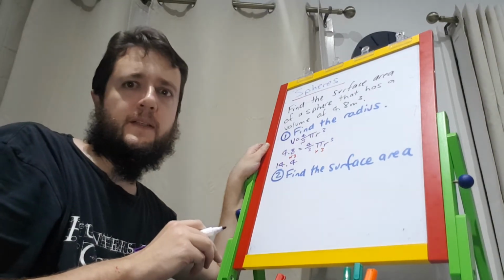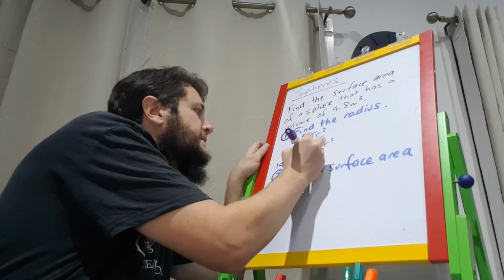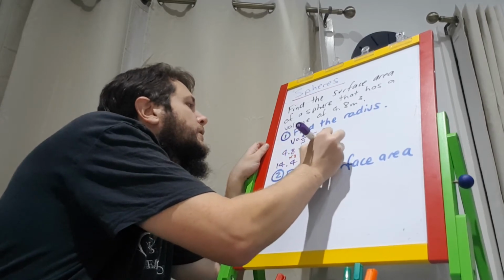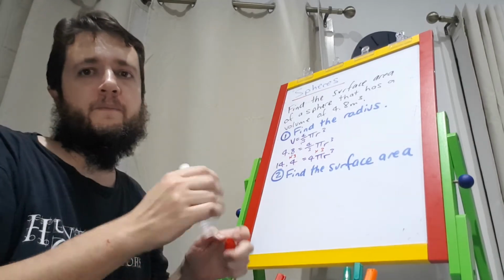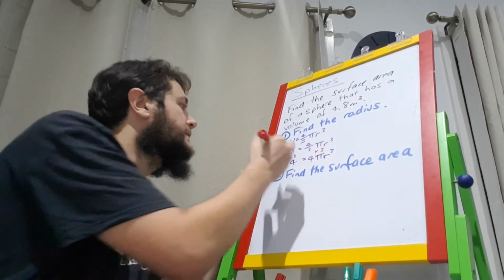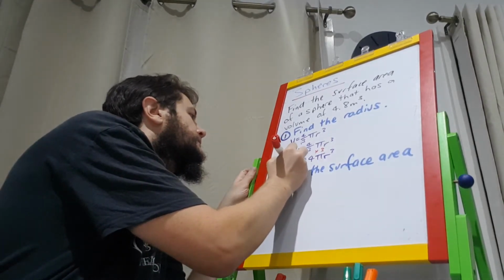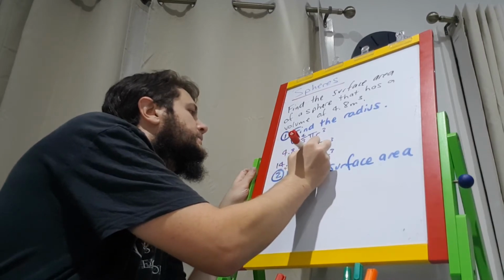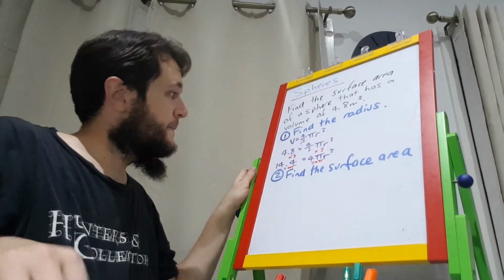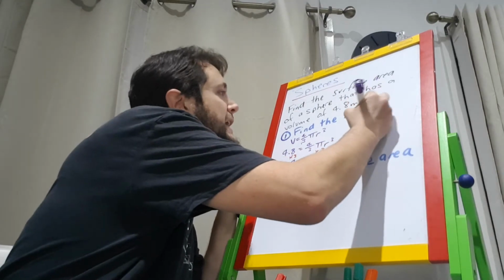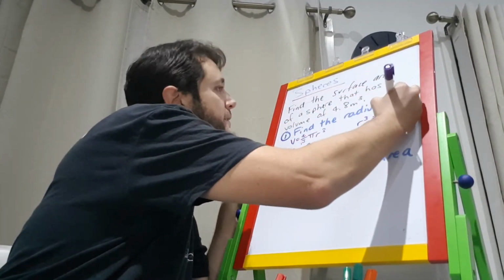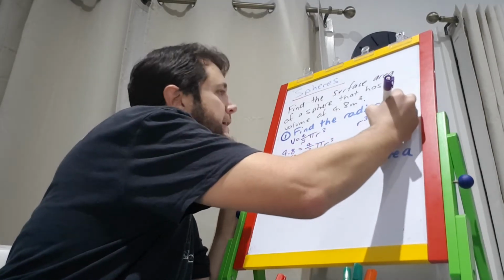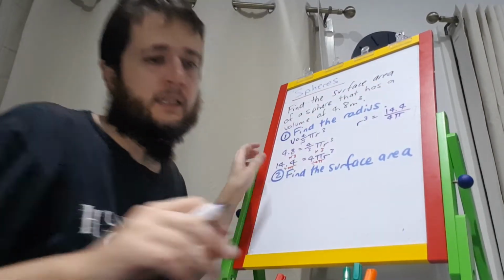We believe all sorts of things. Hopefully that stands up. 4 pi r cubed. The opposite of multiplying by 4 pi will be dividing by 4 pi. So I could do that. That will give me r cubed, I'm swapping the sides here as well, is 14.4 divided by 4 pi.